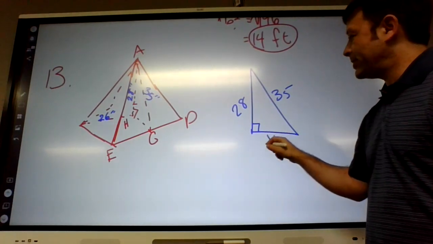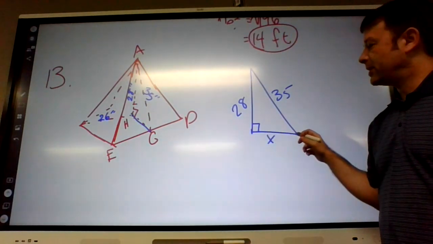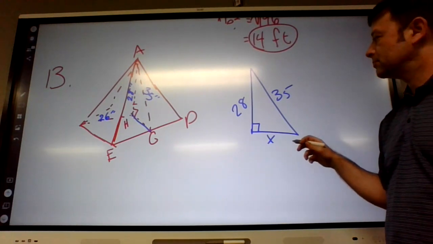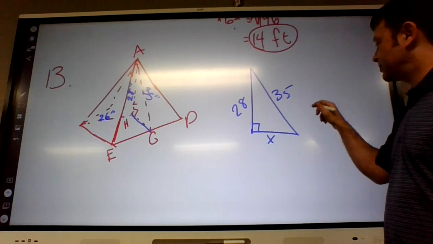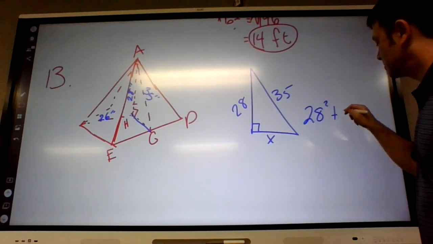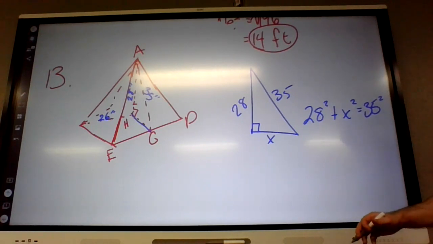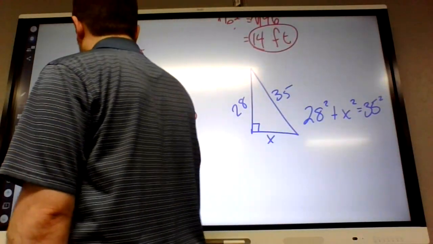And the apothem is this thing right here. So how do we solve that for x? 28 squared plus x squared equals 35 squared, right? Or you could do 35 squared minus 28 squared equals x squared. Why don't you guys go ahead and do that? I'll work on my picture a little bit more.